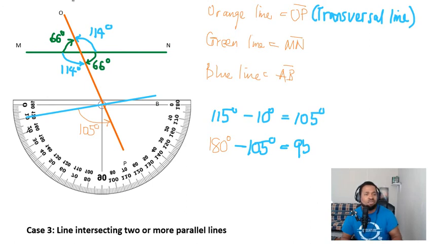So it will give you 75 degrees. And so therefore we are able to recognize that, hey, this particular angle measurement right here is not the same as the one that we discovered or determined in this particular point where the orange and the green line meets.